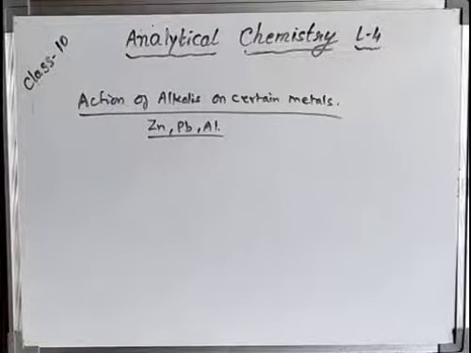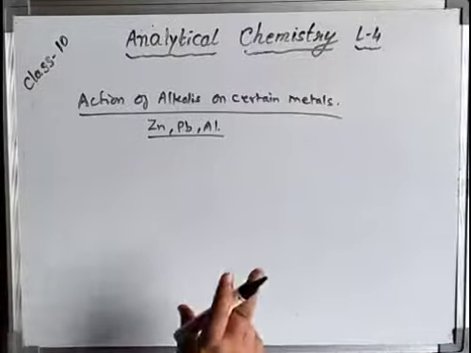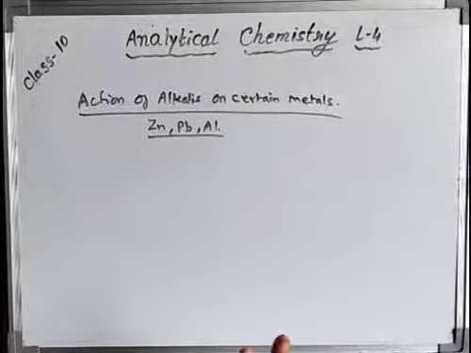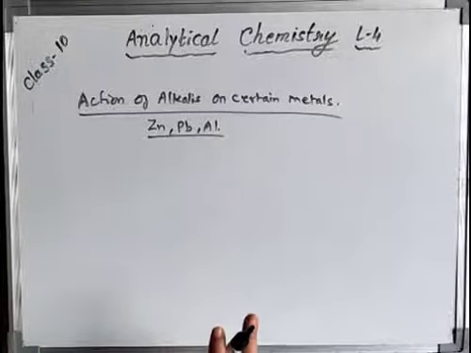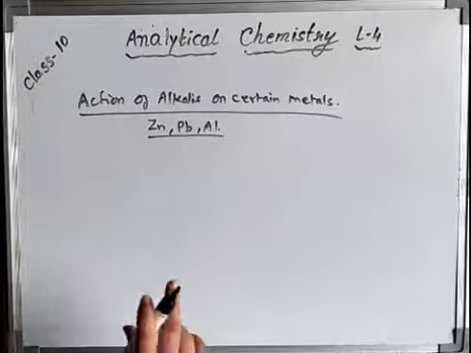And their oxides or hydroxides give the respective salt and water. What about the metal? The metal will give a soluble salt. Since all these metals are above hydrogen in the activity series, all these metals will give what? Hydrogen gas when they react with the respective alkali. Now let us see with the example.